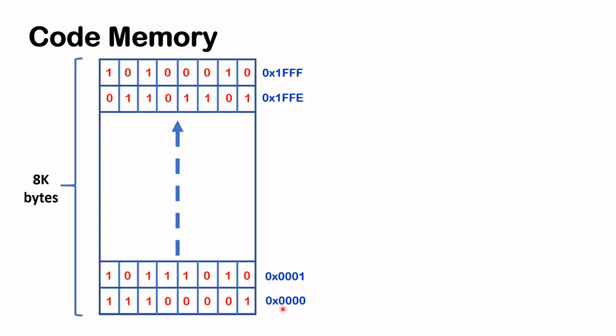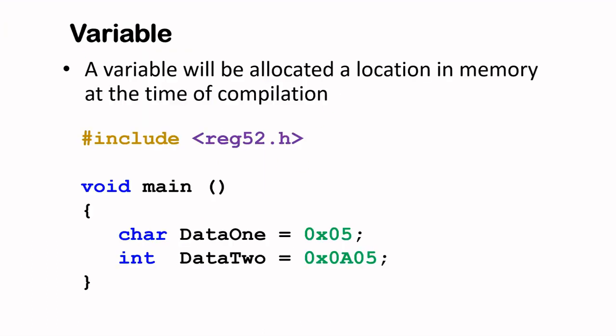So at the bottom of the code memory, the address would be 0000 hex and stretches all the way up to 1FFF hex.